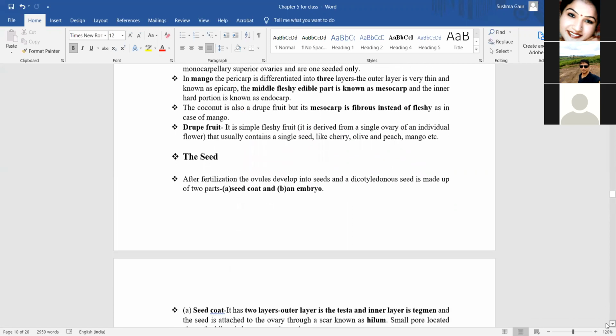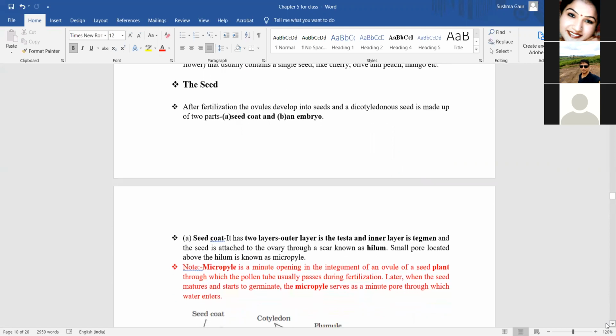Okay Shreya, should we proceed? Yes, ma'am. Now the next topic is the seed. After fertilization, the ovules will develop into seeds, and a dicotyledonous seed means it consists of two cotyledons, and it is divided into two parts, the seed coat and an embryo.